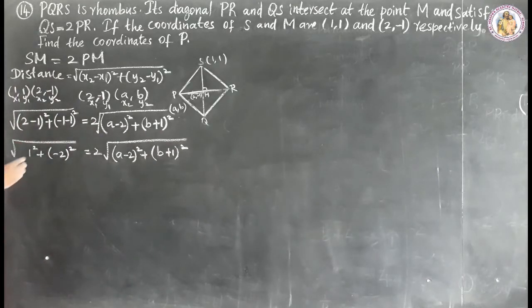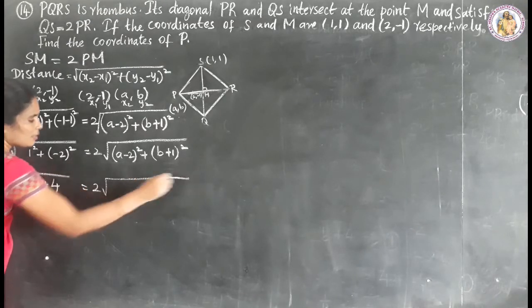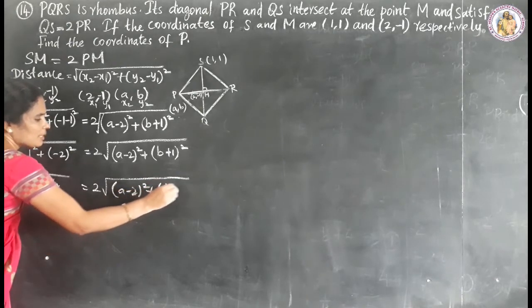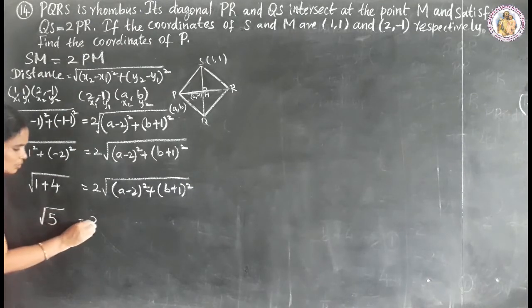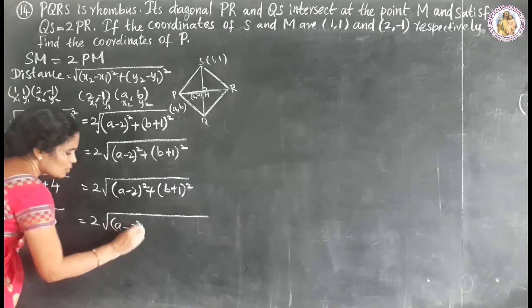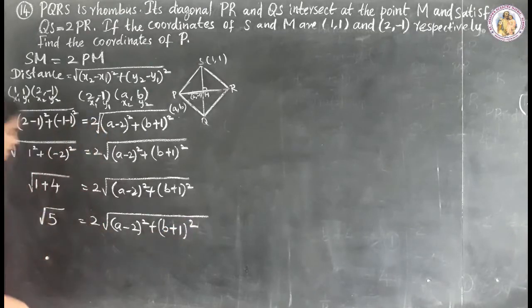Okay, and in the next step 1 into 1 is 1, plus 2 into 2 is 4. Square root of 1 plus 4, and here again repeat as a minus 2 whole square plus b plus 1 whole square. 1 plus 4 is 5, root 5 is equal to 2 times a minus 2 whole square plus b plus 1 whole square.